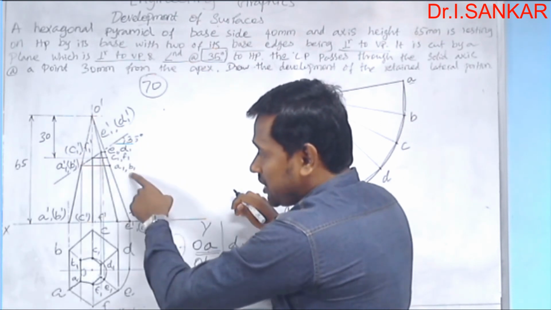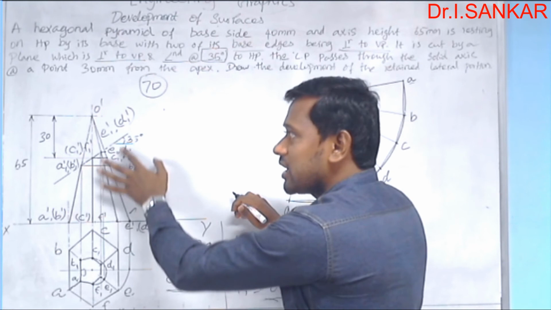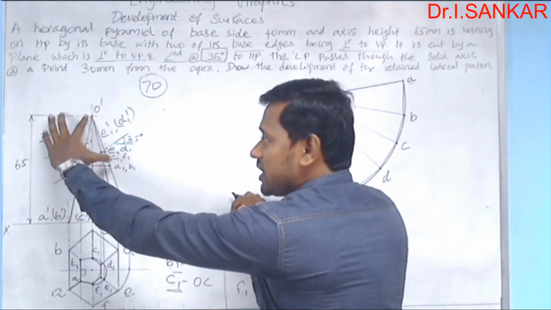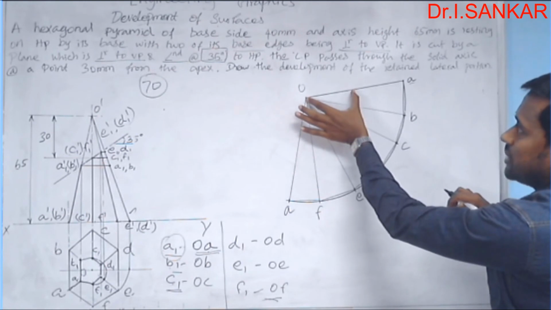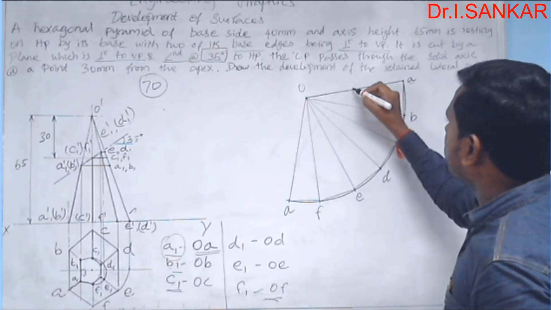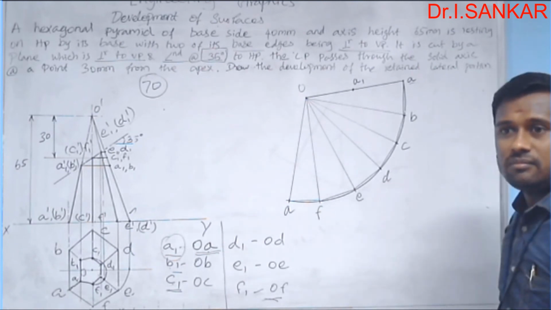You have to measure it from the true slant edge length line where you just marked all the cut points. So measure O dash A1 and mark it at the same place. It is A1.